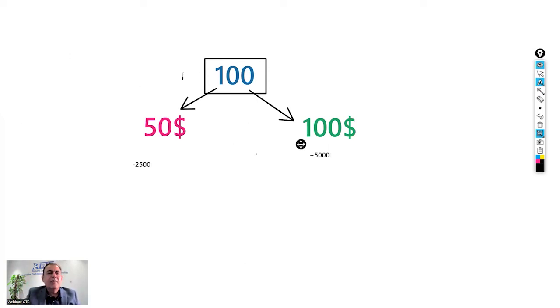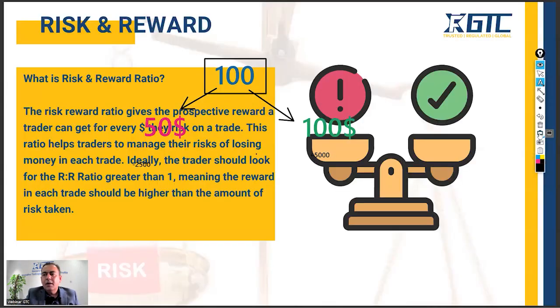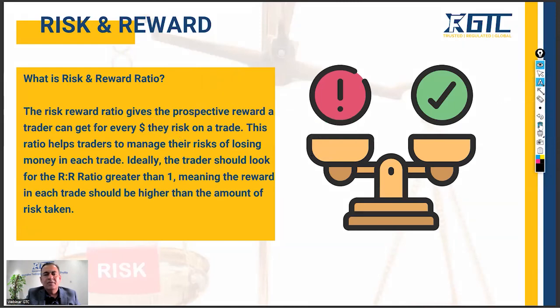So this is the beauty of maintaining risk and reward. If I maintain a higher reward and a uniform risk in all my trades, even if I win only 50% of the time, I'll be in profit. That's the reason I always say you have to maintain uniform risk and reward, and the risk to reward ratio should be healthy. It means your reward should always be greater than your risk amount.